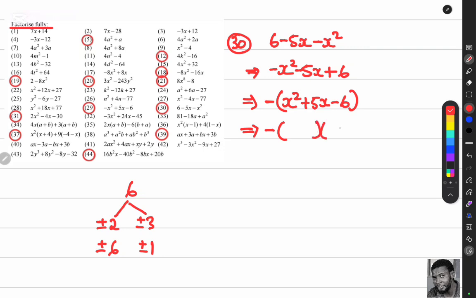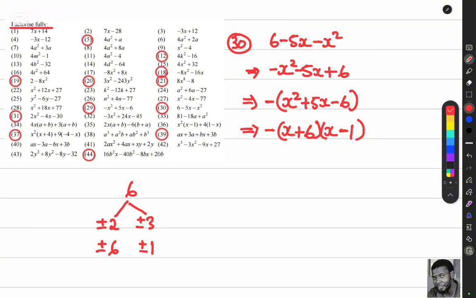So let's remember one thing here, that we're going to have x and x. This positive will have to drop down there, so positive times negative should be negative. That will be positive 6 and negative 1. Because when you multiply here, you get negative 6. When you add, say 6 minus 1, you get positive 5. Okay, that's that.